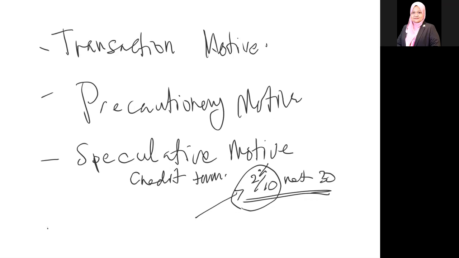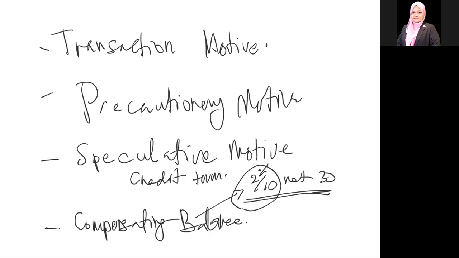So the fourth motive is compensating balance. Compensating balance usually happens when you want to apply for a loan in a bank. Usually the bank will ask you to have a compensating balance in their account, right? This happens in our real life. You have an account in your bank, but you cannot withdraw all the money.